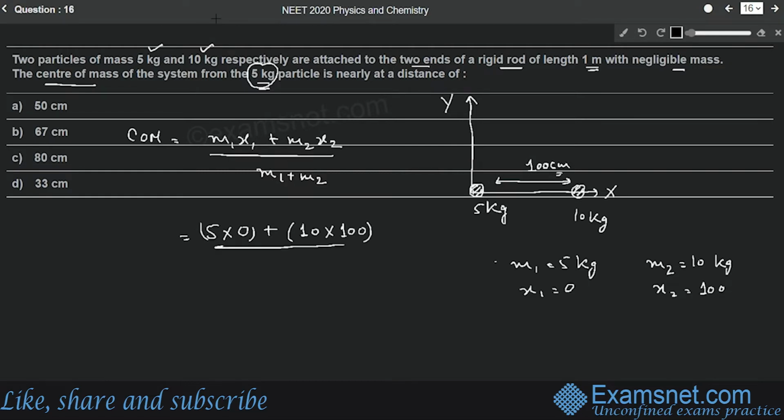Divided by m1 plus m2, that means 5 plus 15. So on solving this, we'll get 200 divided by 3, that will be equal to 66.66 centimeter. So it will be approximately equal to 67 centimeter. So out of the given options, option B will be the correct answer.